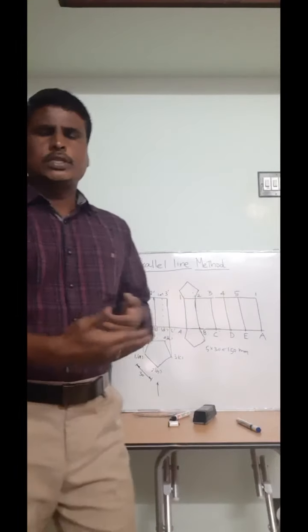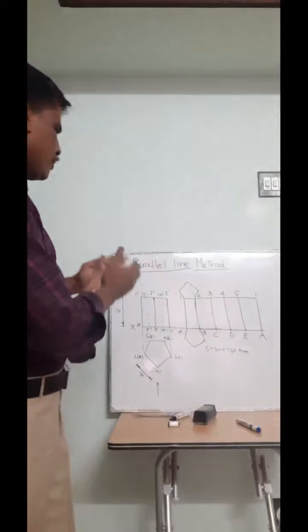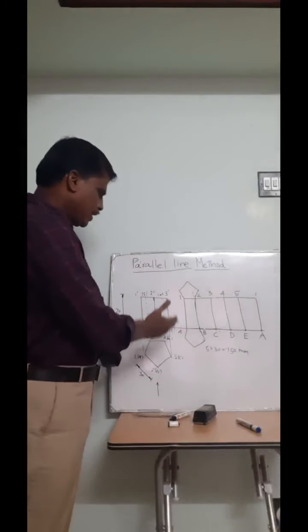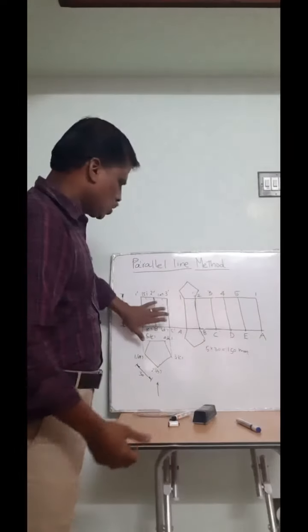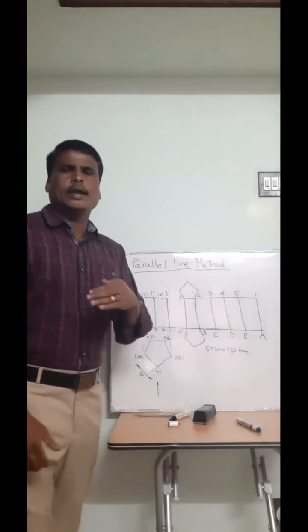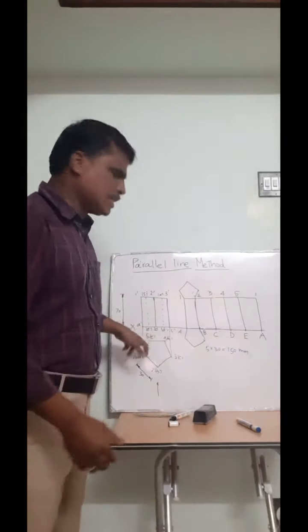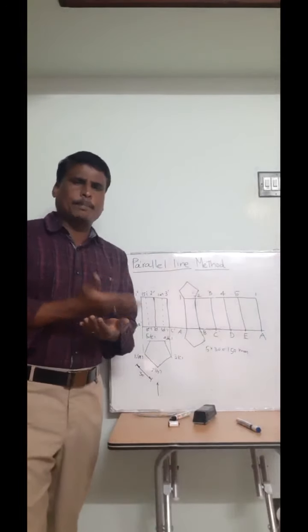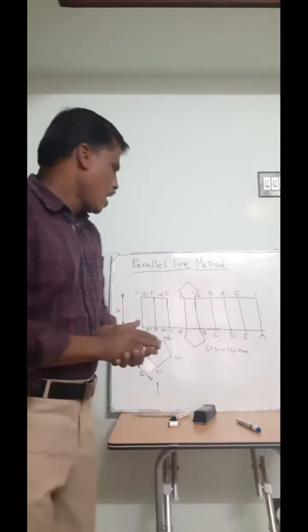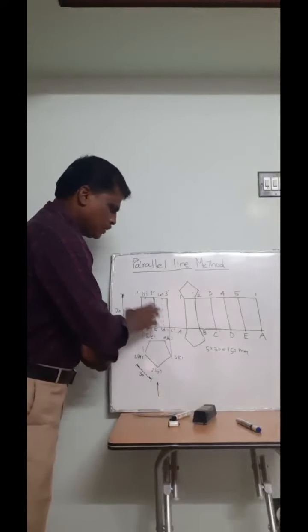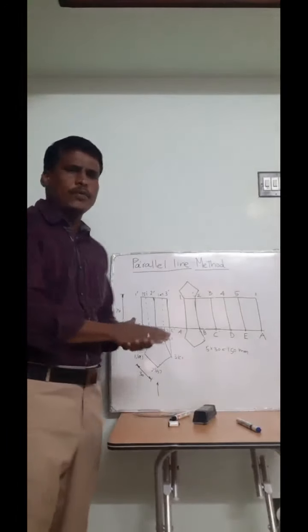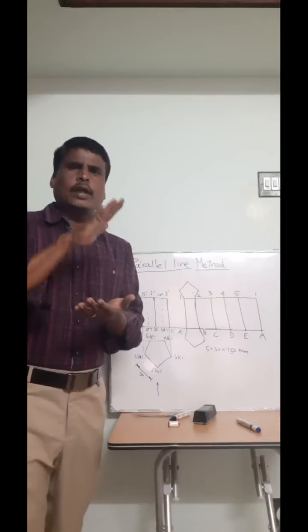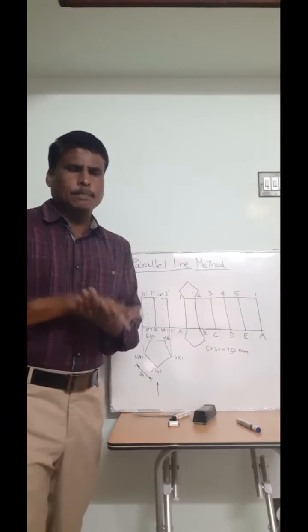So again, let me recall it. Suppose in a problem, it is asked to draw the development of a pentagonal prism. First you have to draw the simple position of the solid according to the given condition, that is, the base edge is parallel to VP, perpendicular to VP or inclined to VP. In most cases, 100% for development of solid surface, the solid will rest on HP in simple position.